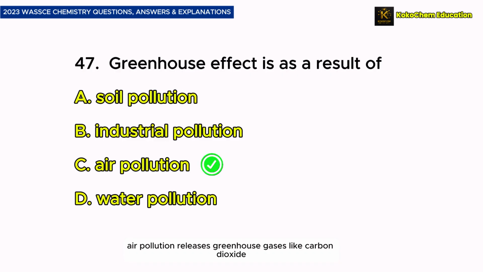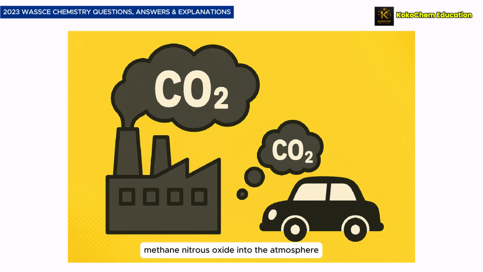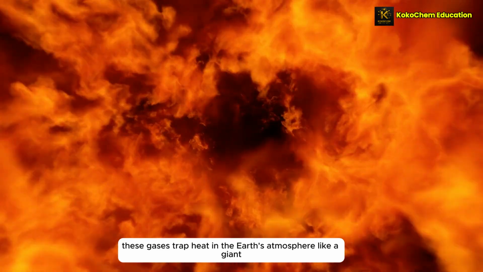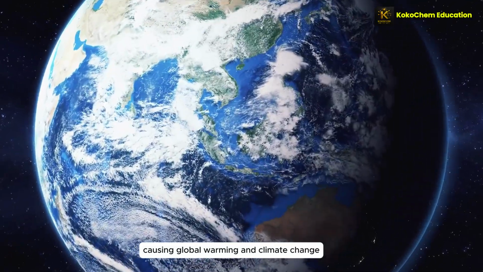Explanation. Air pollution releases greenhouse gases like carbon dioxide, methane, nitrous oxide into the atmosphere. These gases trap heat in the Earth's atmosphere like a giant warm blanket, causing global warming and climate change.